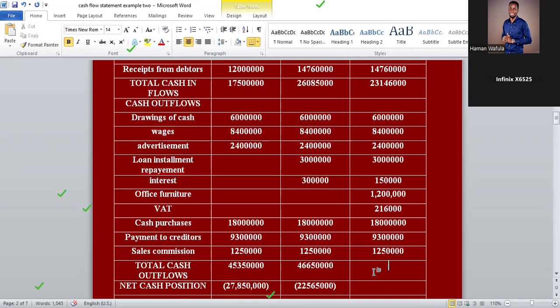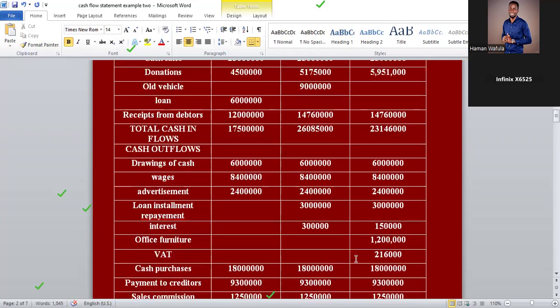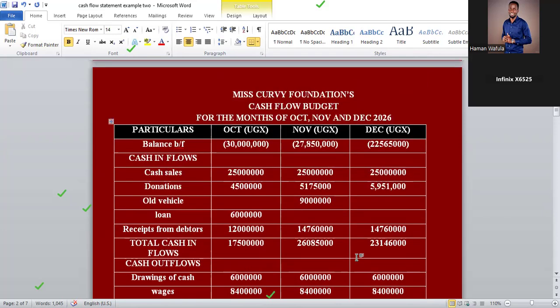So we get 49,916,000. So when we subtract, we shall also get a negative 26,970,000. So our cash flow statement is now complete.